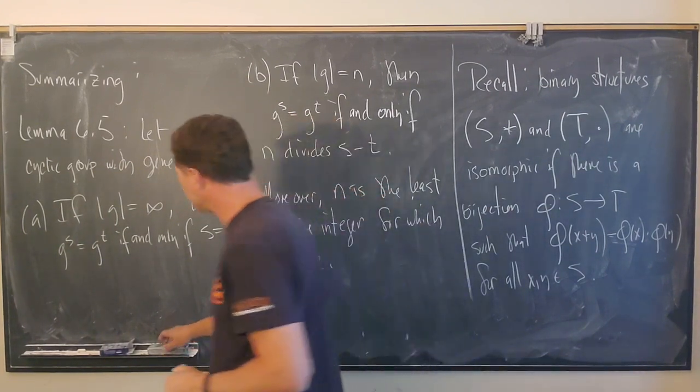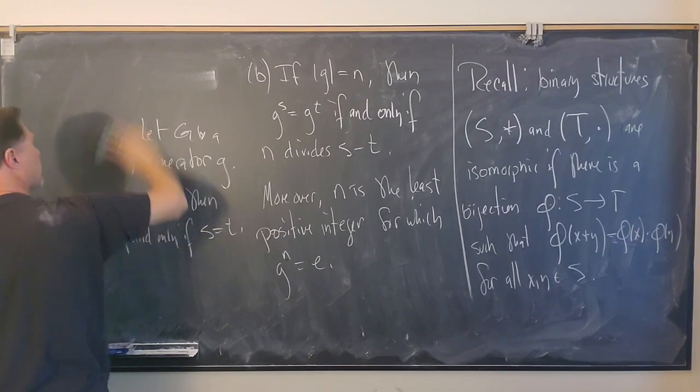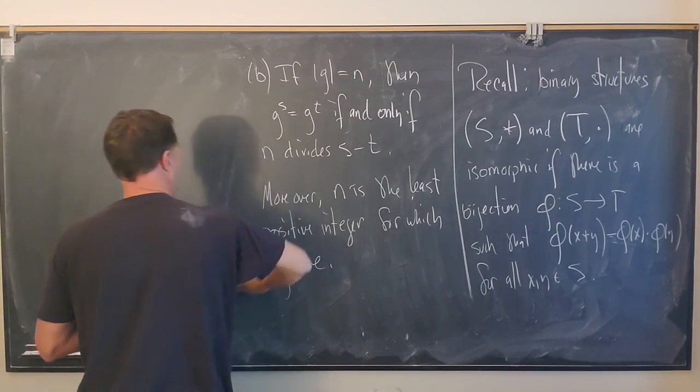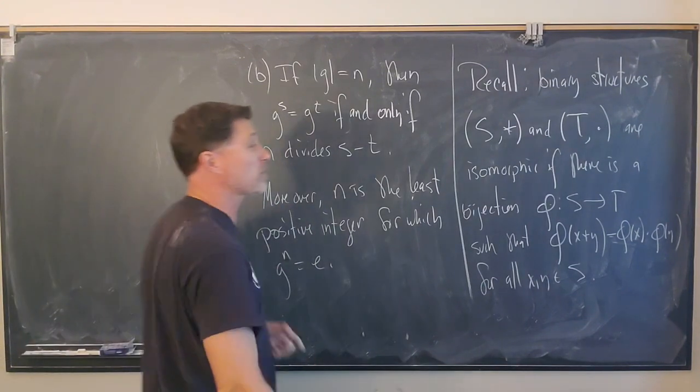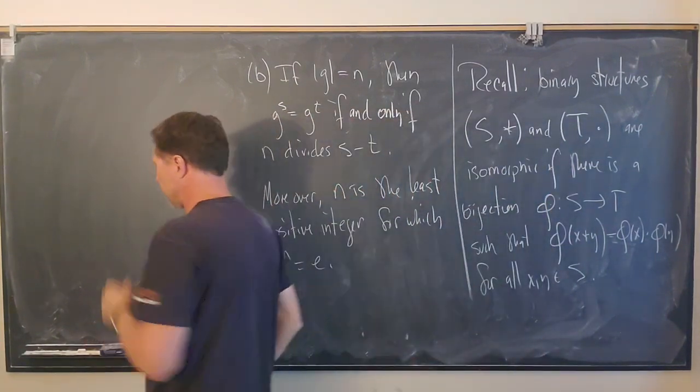Now, we defined isomorphism for binary structures, and so we can say the word isomorphism even in the setting where S and T are not groups. But we're really interested in the group situation.